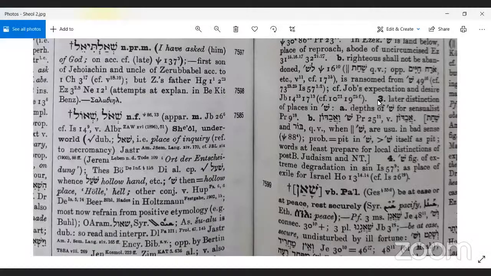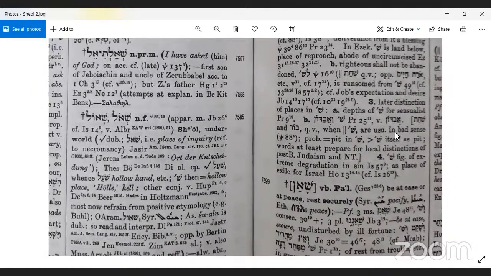I think it was number 3. It says later distinction of places in A, depths of, okay, for sensualists. B, this is citing scriptures, which are usually in bad sense, okay, and then probably a pit, okay, hold on.